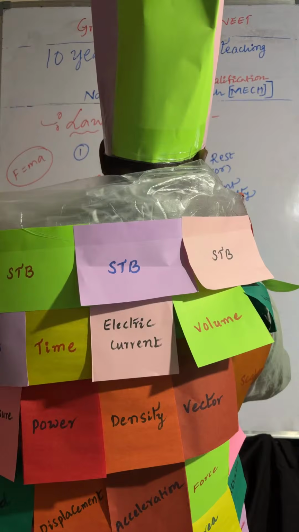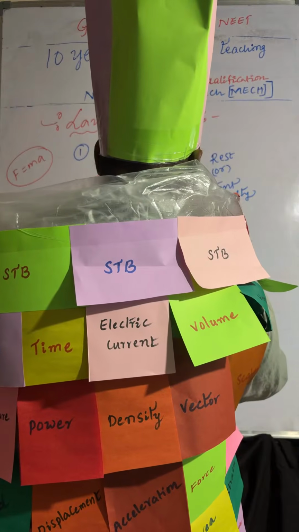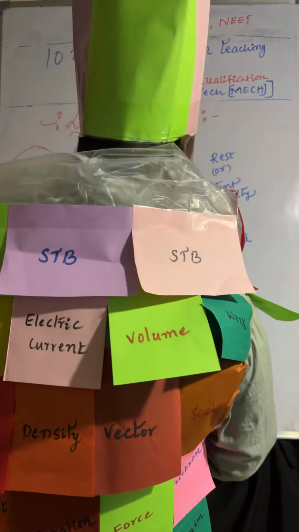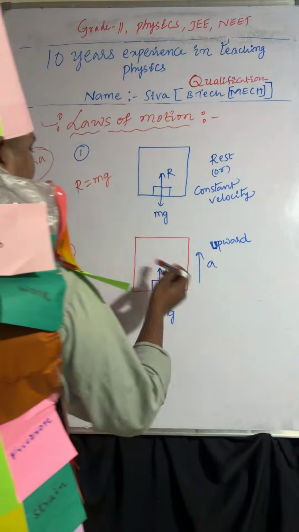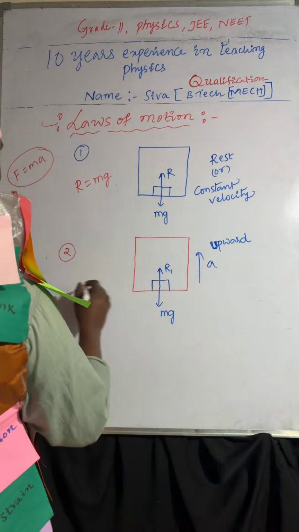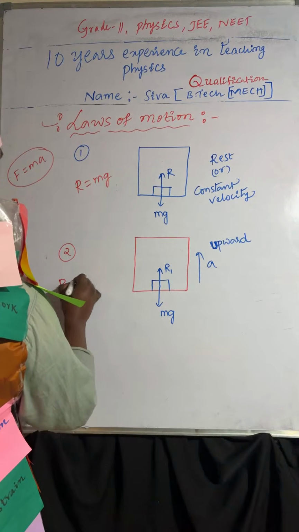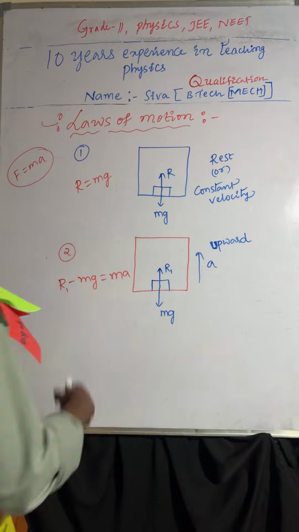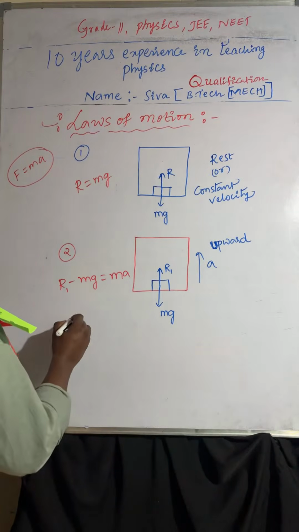If the lift is moving in the upward direction, then R1 minus mg equal to ma. Understood now?